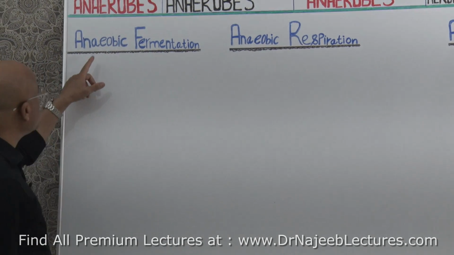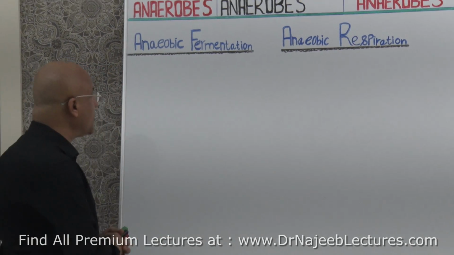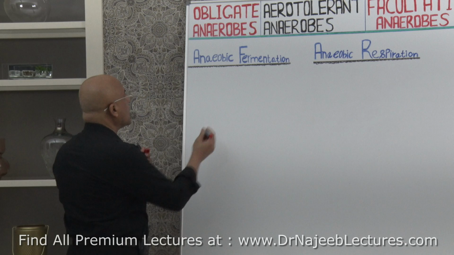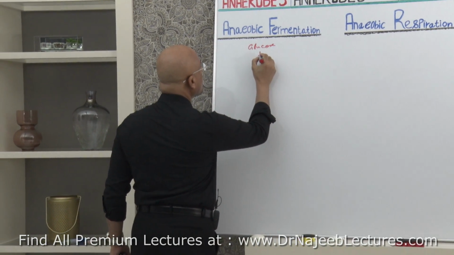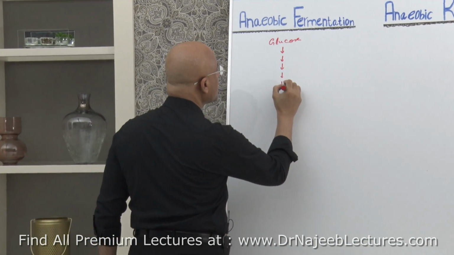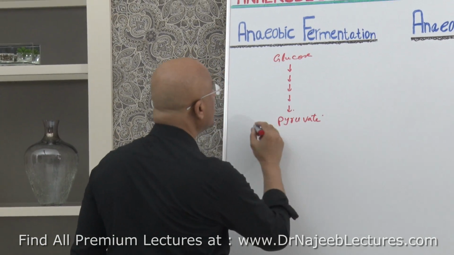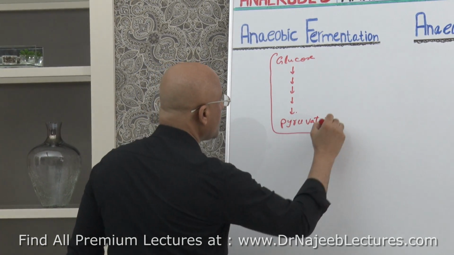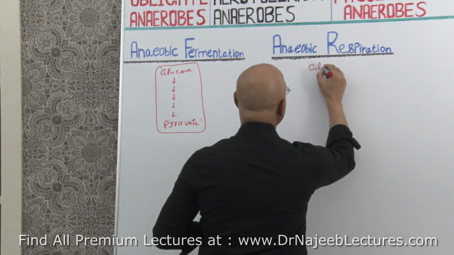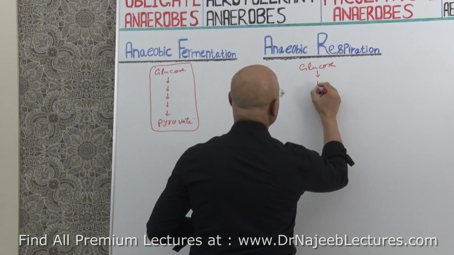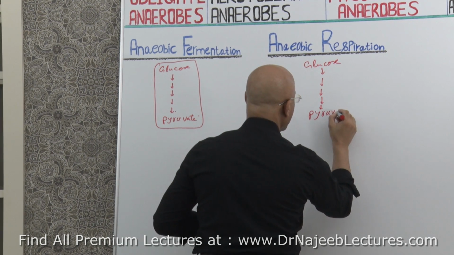Now, what is the difference between anaerobic fermentation and anaerobic respiration? Let me explain. In anaerobic fermentation, glucose is passing through glycolysis and making pyruvate, pyruvic acid. Again, here also glucose is going through the glycolysis pathway and eventually producing pyruvate.